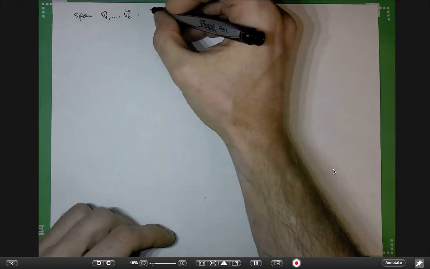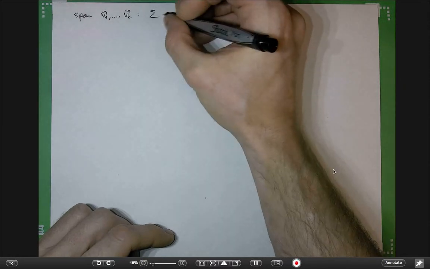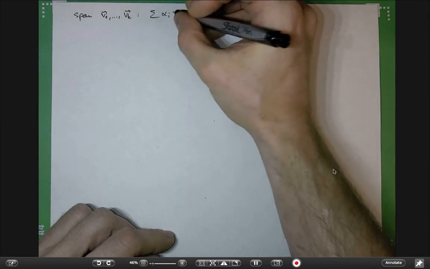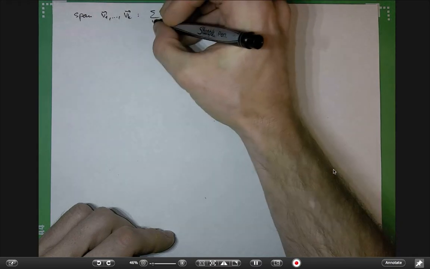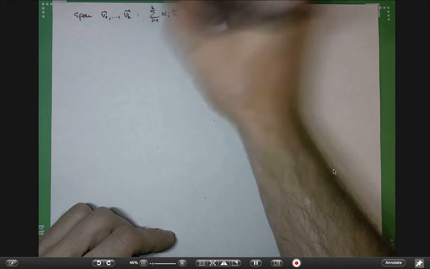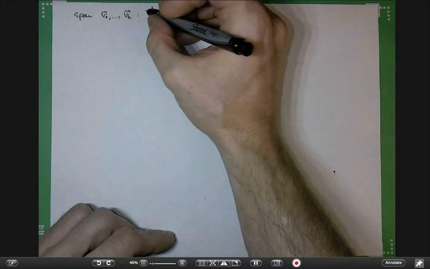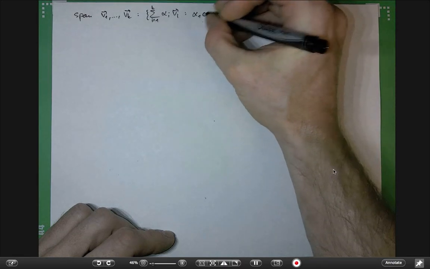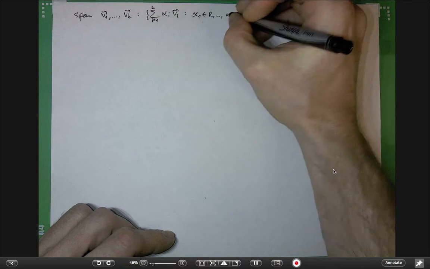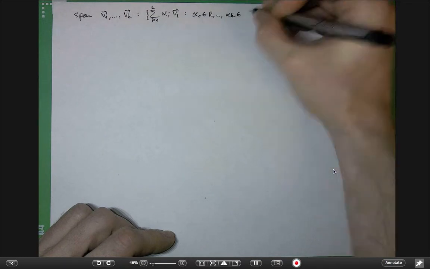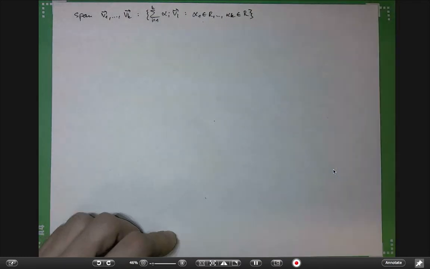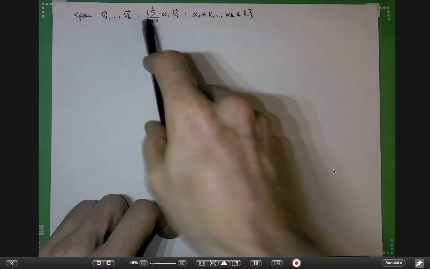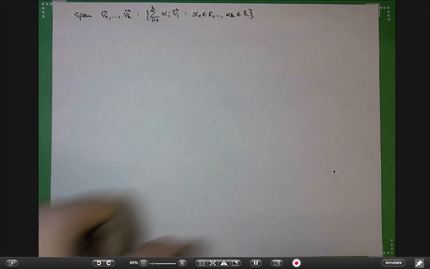They are all linear combinations, right? So I can pick any alphas and take an arbitrary linear combination. This thing is called a linear combination, and if I take all of them for all alpha 1 to alpha k reals, then this is called the span of the vectors.